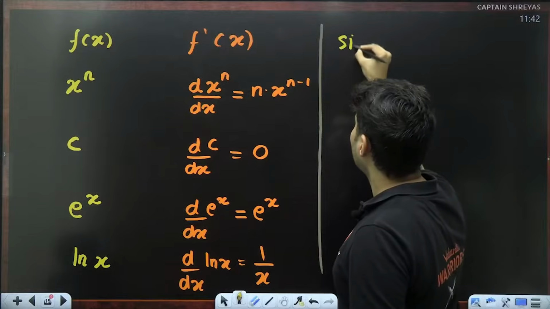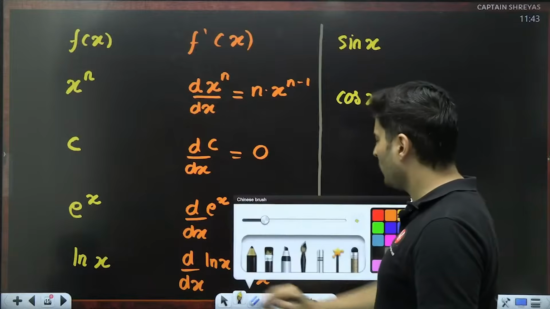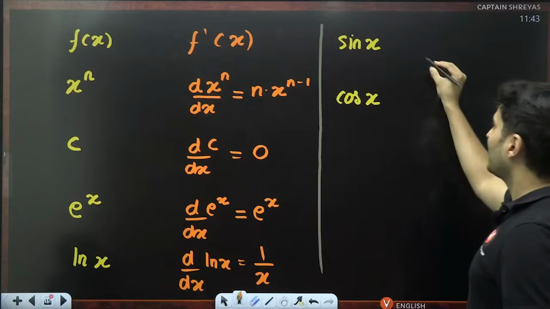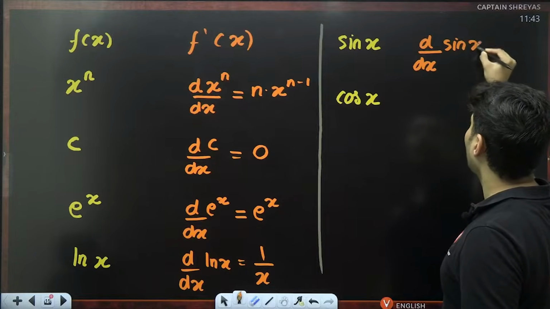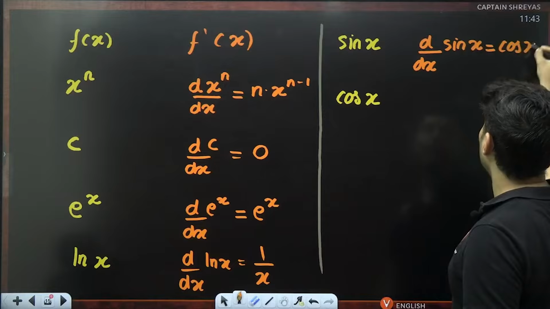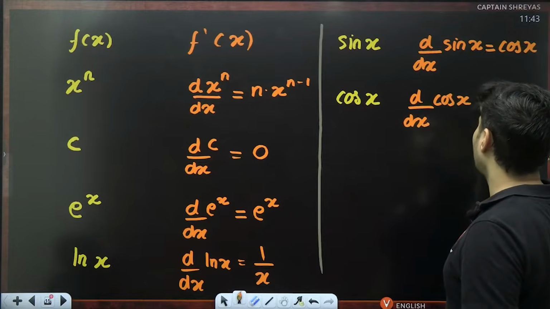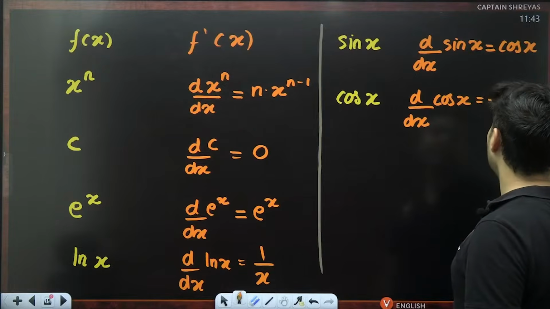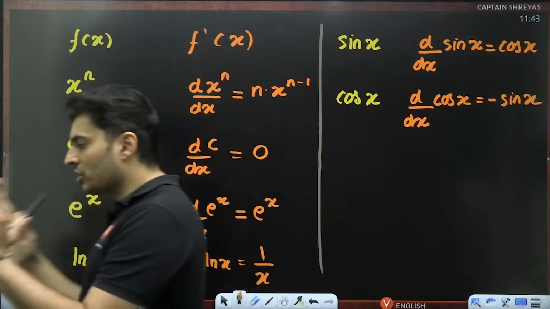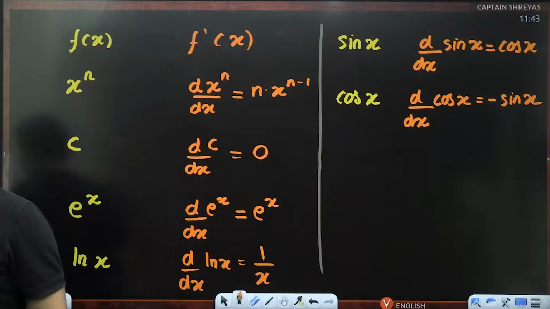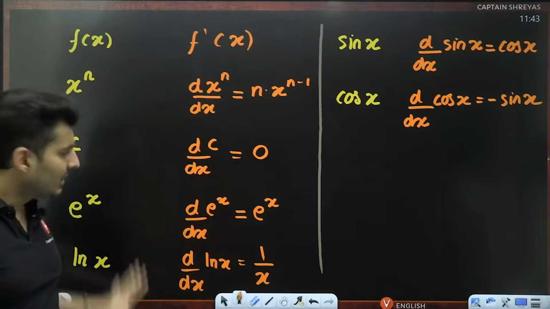For sine of x, the derivative d by dx of sine x is cos x. The derivative d by dx of cos x is negative sine x. So these are some standard, most commonly used derivatives, my dear warriors. This is the starting part.